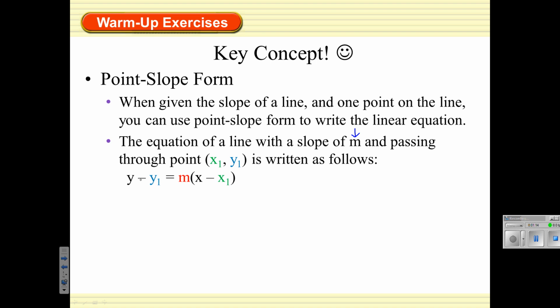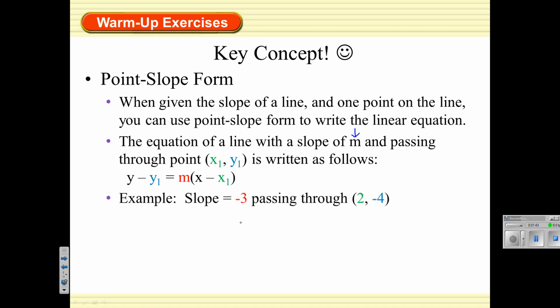So y minus the y coordinate from our point equals the slope m times, now this x is black because it's the x that is in the equation, and this x is the x sub 1, which is the x from our coordinate, from our point. So that is point-slope form. y minus y sub 1 equals the slope times the quantity x minus x sub 1.